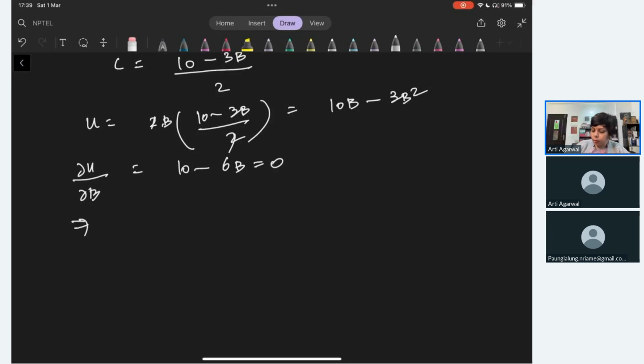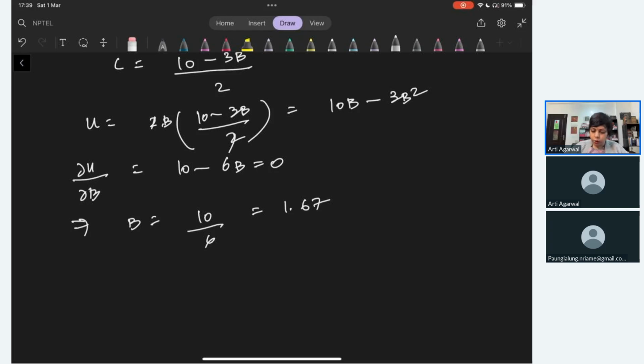Therefore, B is equal to 10 by 6, this is 5 by 3. This comes out to be how much? Okay, this is 1.67.